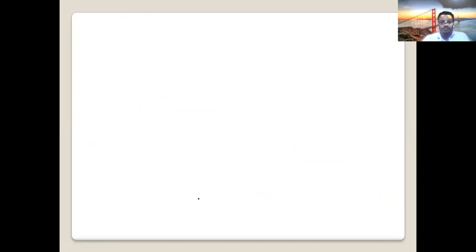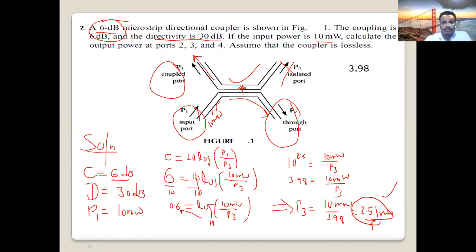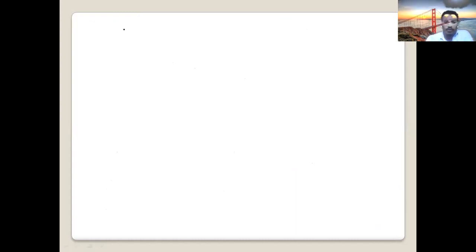Now in the second example, how much directivity for this coupler? 30 dB. This directivity indicates how much power P4 is sampled and goes to the wrong port, the wrong direction. Now let's see in this example how much power is coupled in the wrong direction. So D is equal to, what is the formula for D? 10 log of P1 divided by P4.